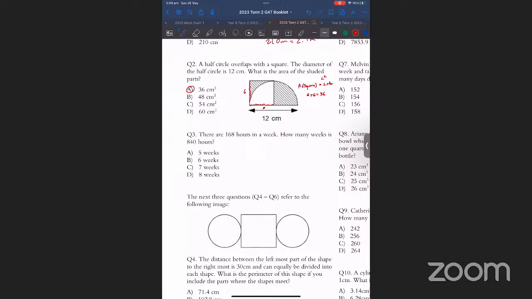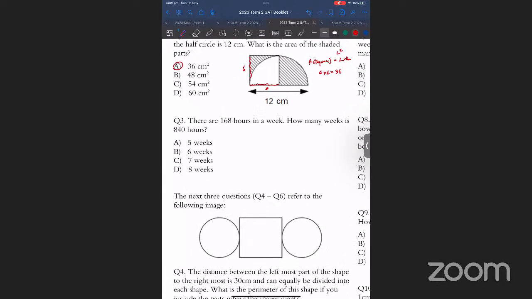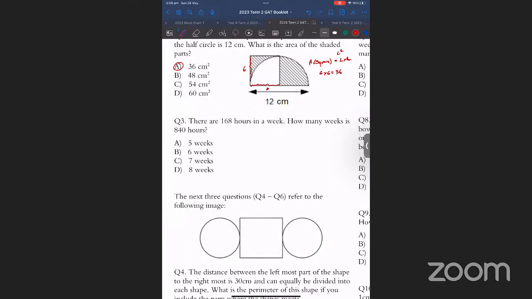All right, question number 3. There's 168 hours in a week. How many weeks are there in 840 hours? Really, really easy. You just have to do 840 divided by 168. This is where you have to do a bit of long division. What I would do is a bit of guess and check. I start off with 5 weeks.